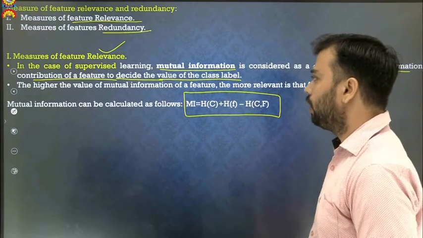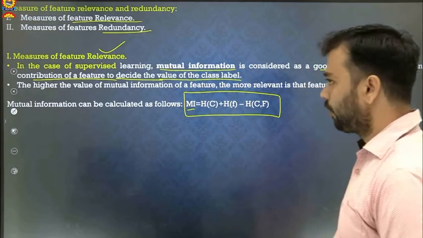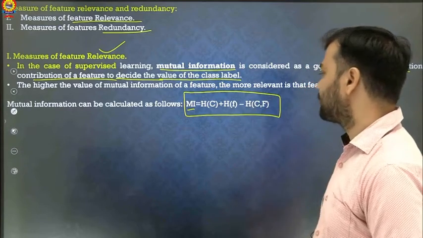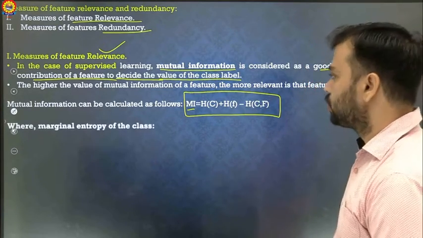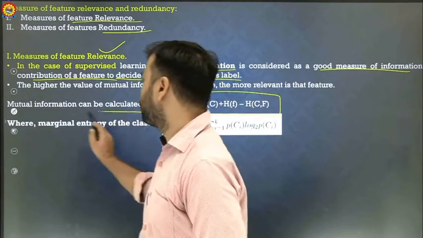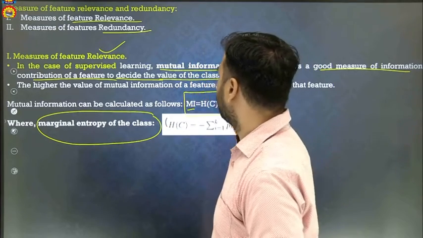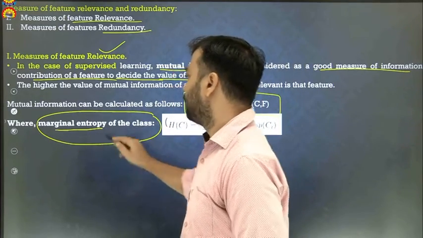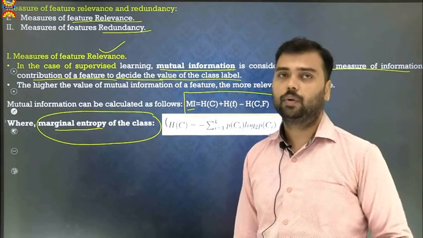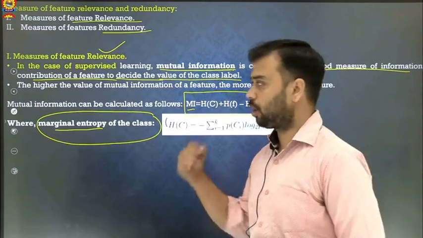And the formula to find the mutual information is equal to H of C, the class, plus H of F, the features, minus H of C and F. Here these are the marginal entropies. I hope you know the meaning of mutual information and marginal entropy. If you don't know about this concept, please read about it on Google. It helps you to better understand this topic.